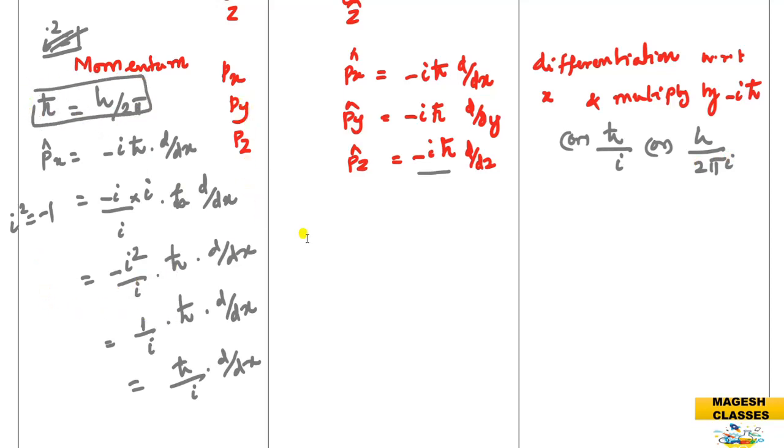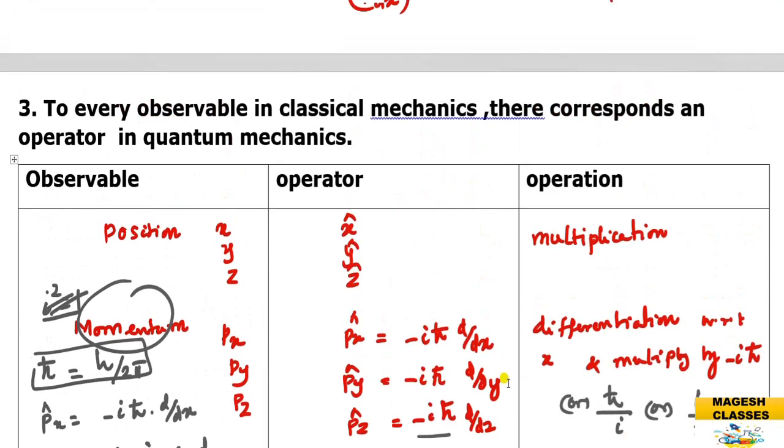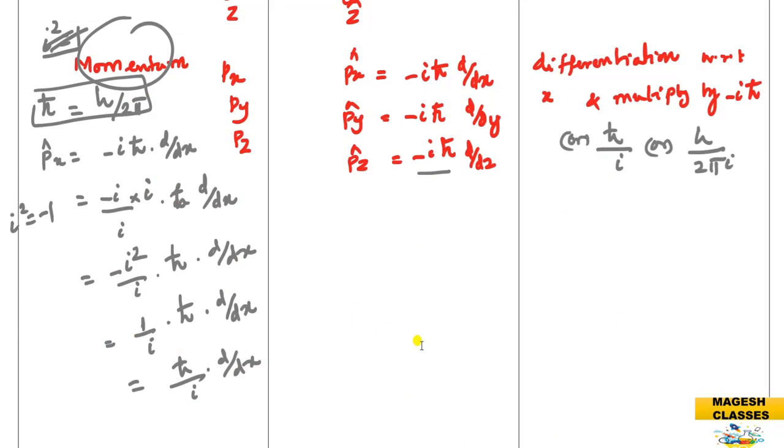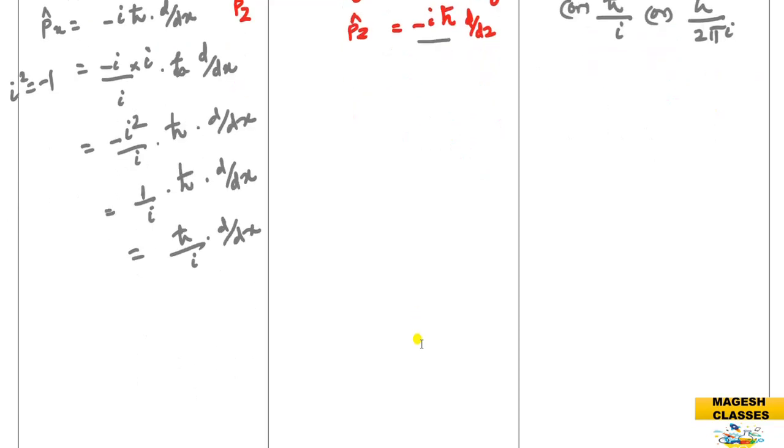So these are about the momentum operators. It is an observable and it is also connected to the operator. So to every observable in classical mechanics, there corresponds an operator in quantum mechanics. This is another property of the operator.